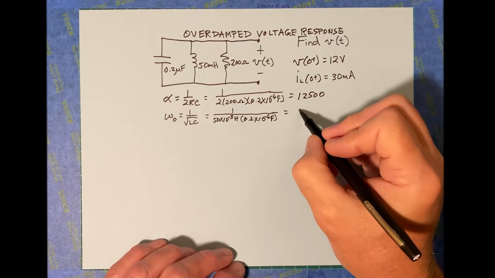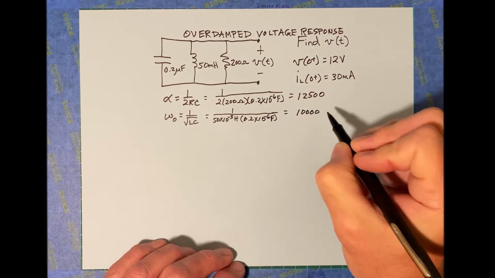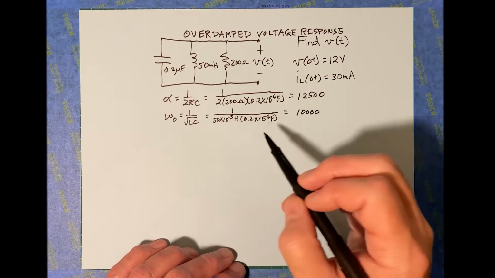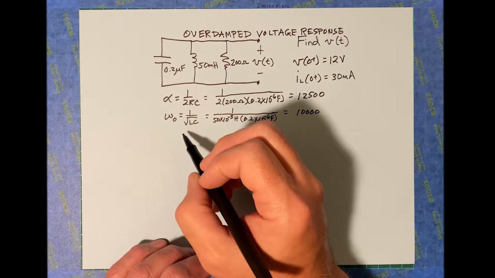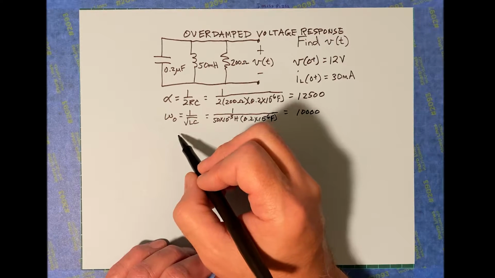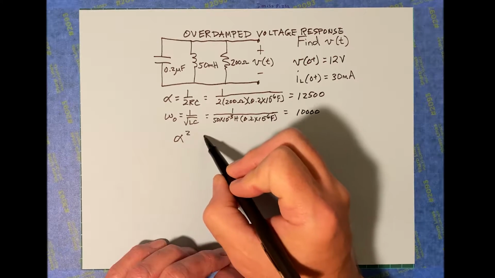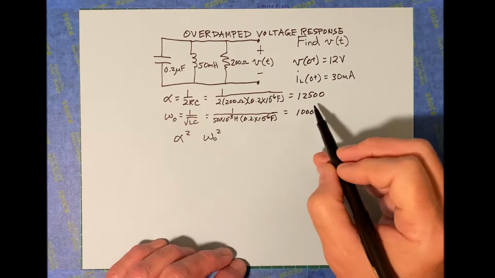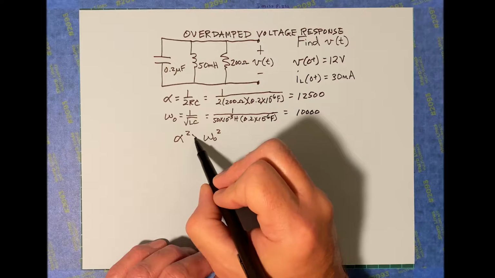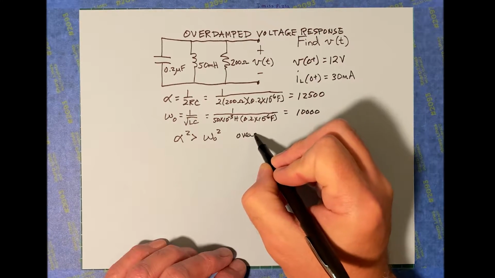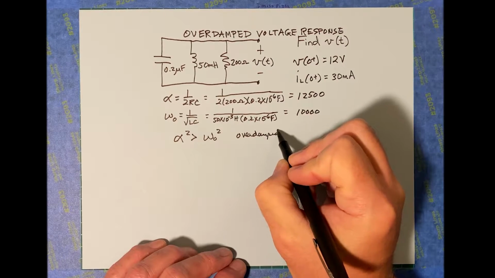That is going to be 10,000. Since you can see that, you don't have to square anything. We've got the case where alpha squared is greater than omega naught squared. This is the overdamped case.